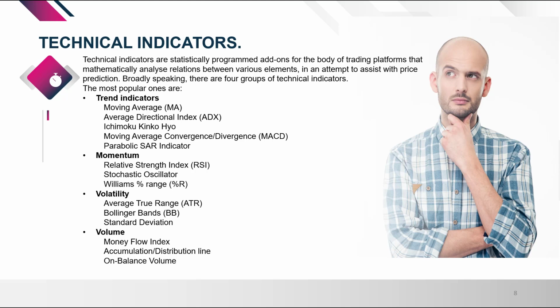Under momentum indicators, we've got RSI, the relative strength index, which is also commonly used. Then we've got the stochastic oscillator, the Williams percentage range, and under volatility, we've got the average true range, ATR, the Bollinger Bands, the standard deviations, and then under volume, we've got the money flow index, accumulation and distribution lines, and on balance volume.